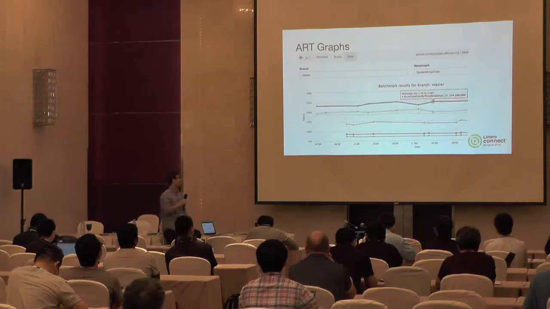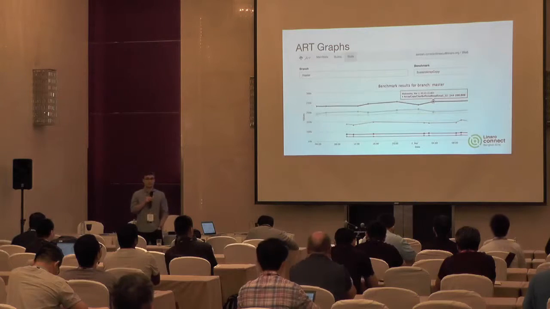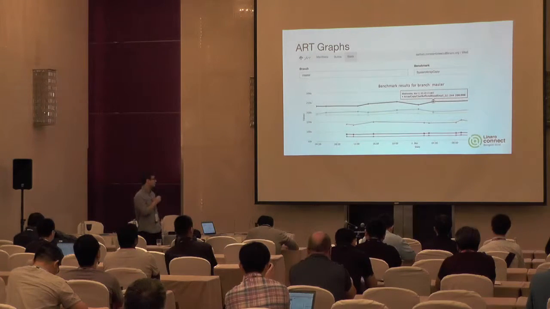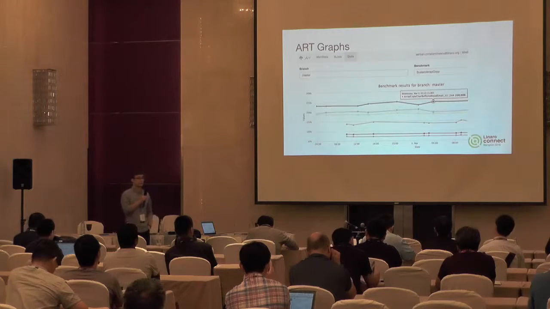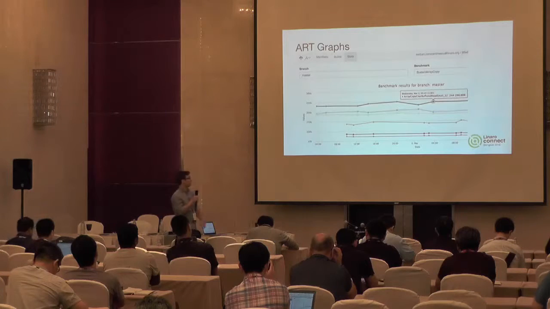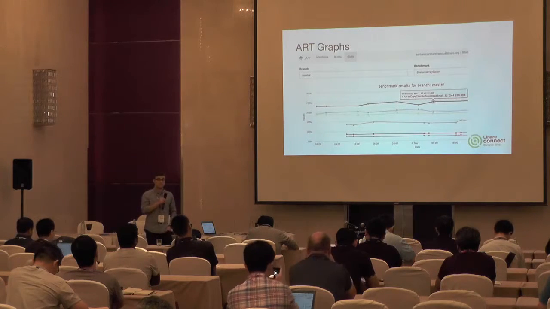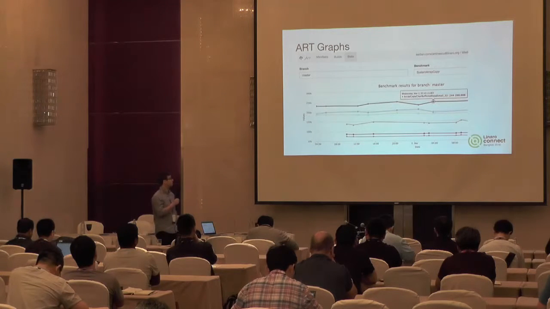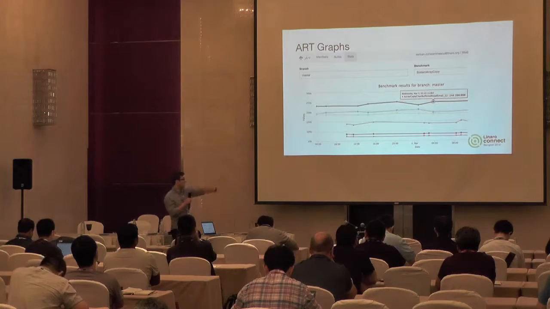And here's an example of our ART graphs. This is still early days, but they're starting to look quite nice and to be quite useful. You can see this is for a benchmark that we wrote for System.arraycopy. And you can see how the performance was measured on different days.